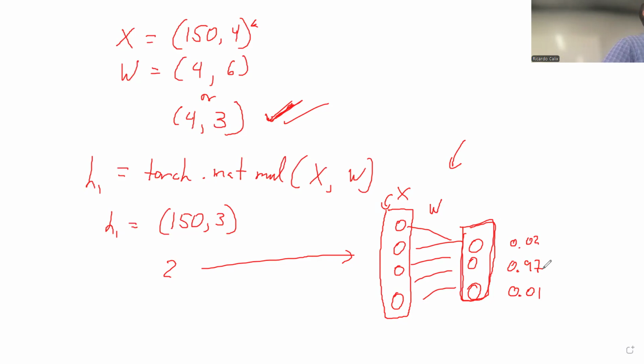Which one do you think is the class? 0.97. Do you see that? So there's a difference between building the machinery, the pipeline, whatever it is, with random values, and then the training just fills in those random values with actual values, right?